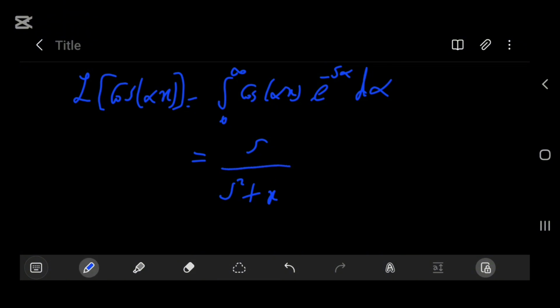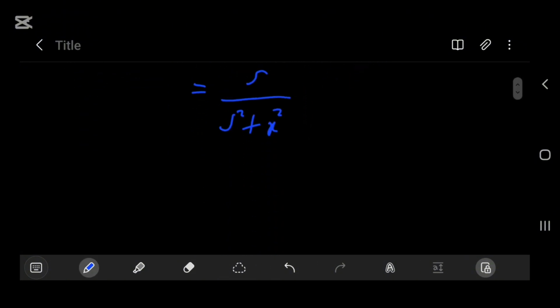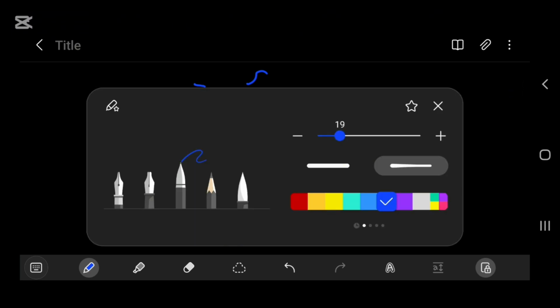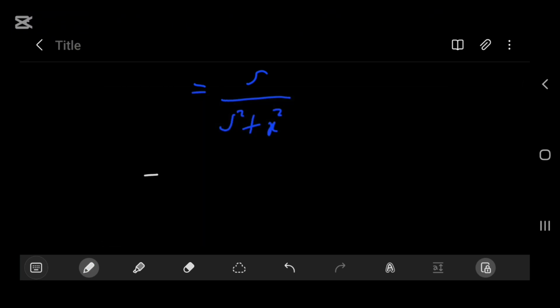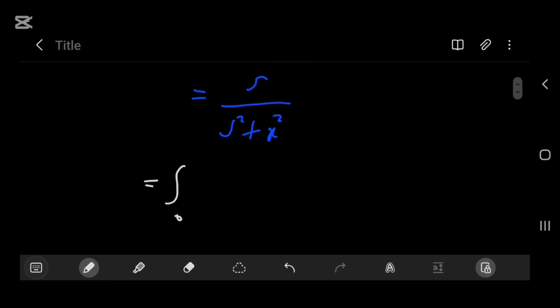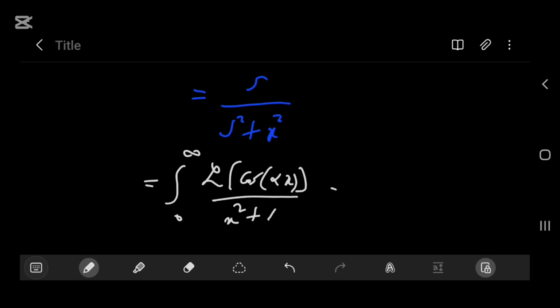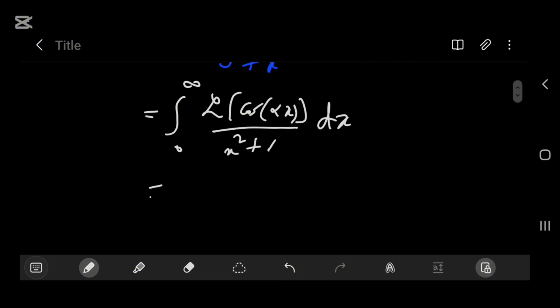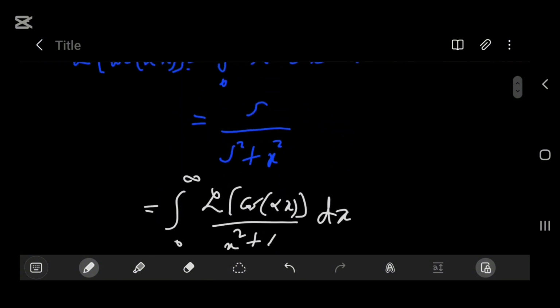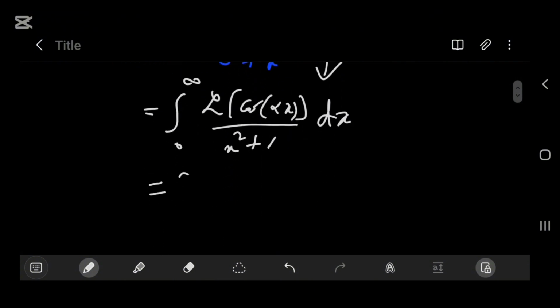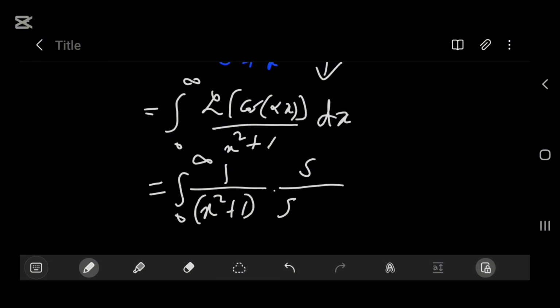Now plugging this value there, we're left with the integral from 0 to infinity of the Laplace transform of cosine alpha x over x square plus 1 dx. So by plugging this value there, we'll get 1 over x square plus 1 dot s over s square plus x square dx.